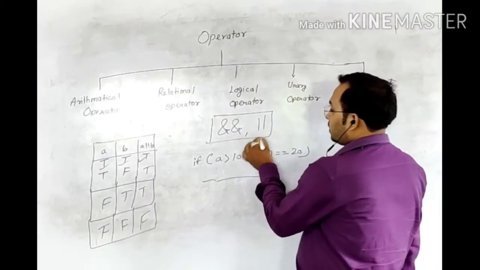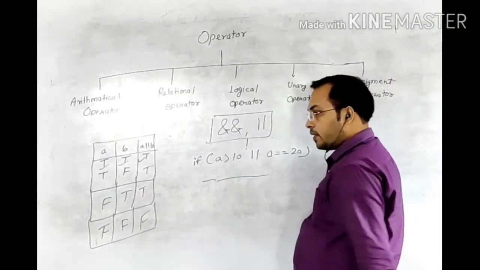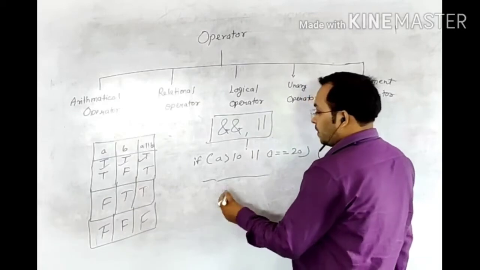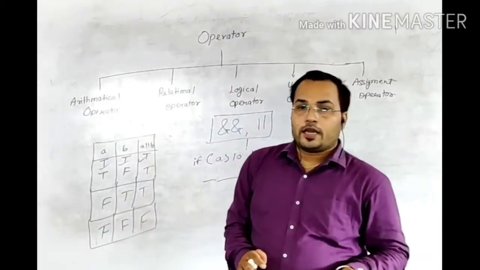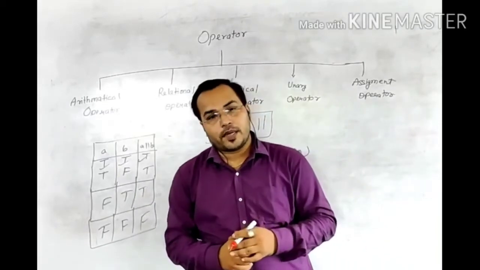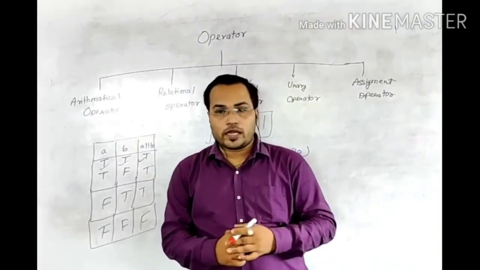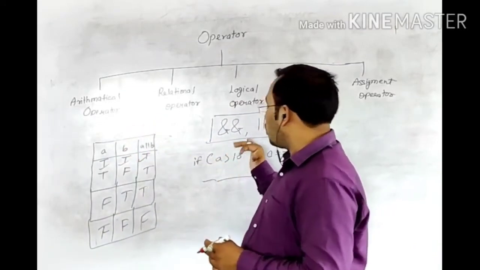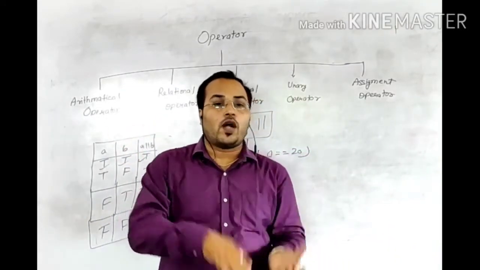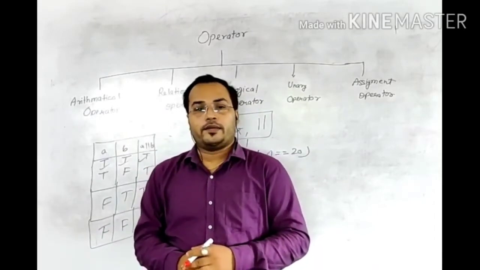One more is there, that is NOT operator. In NOT operator, that means whatever you say, the reverse of that. If I say if A greater than B, if A equals 10, then condition true. Then if I use NOT operator over there, that means a false result we have to print.